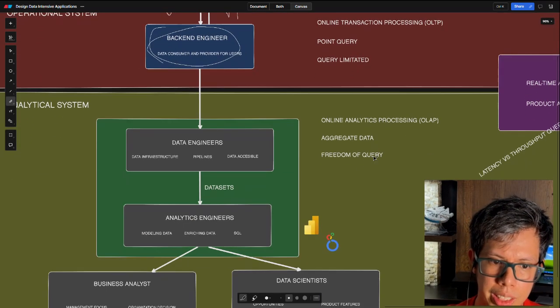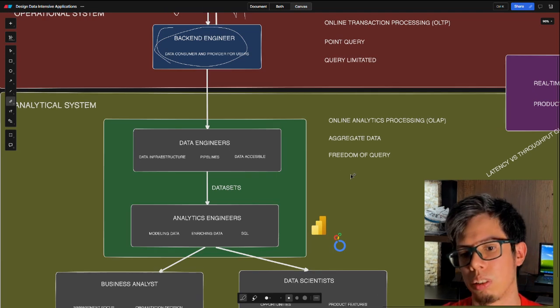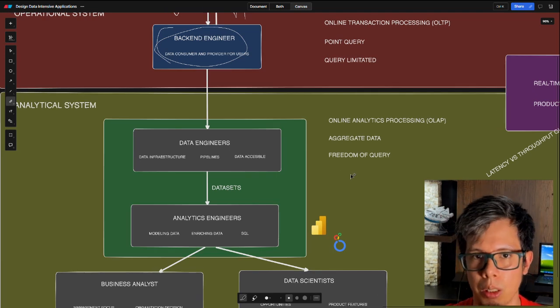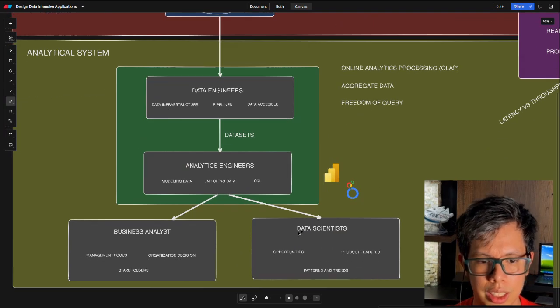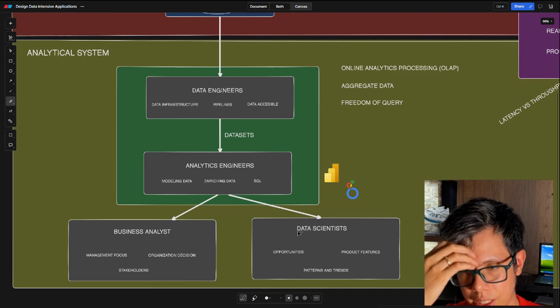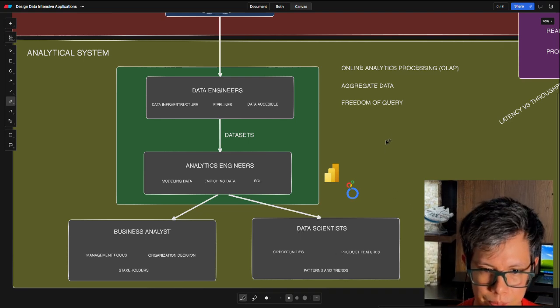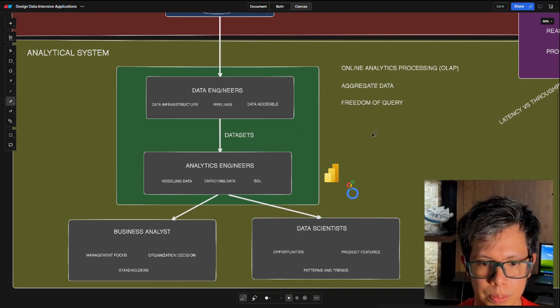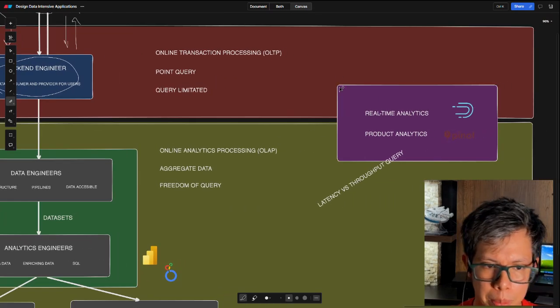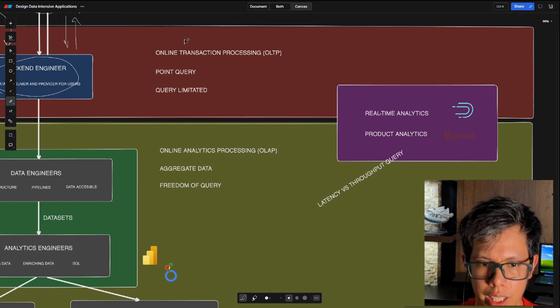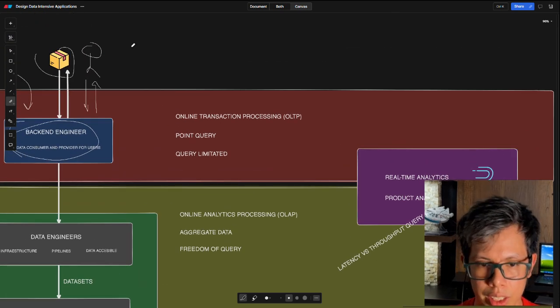And in the case of the analytic system, there is freedom. Freedom of queries. I think that is what data science or business analytics needs, and it was provided. But you will have an intermediate layer that faces the user. That is real-time analytics, or product analytics.